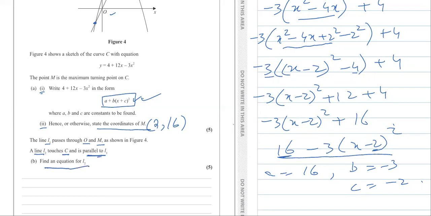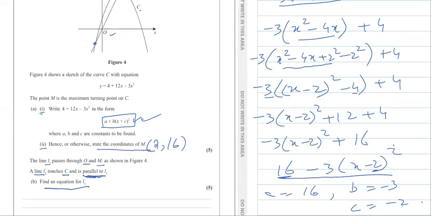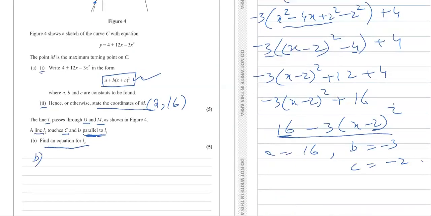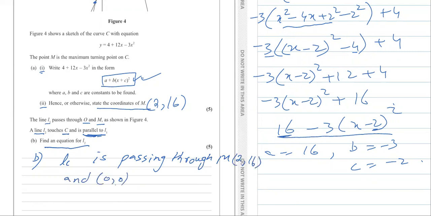Now for finding the equation, you always need one point and a gradient. The gradient we can easily find, because the condition of being parallel is given. So if you take the gradient of the line L1, L1 is passing through two points: M, which is 2, 16, and O, the origin, which is 0, 0.